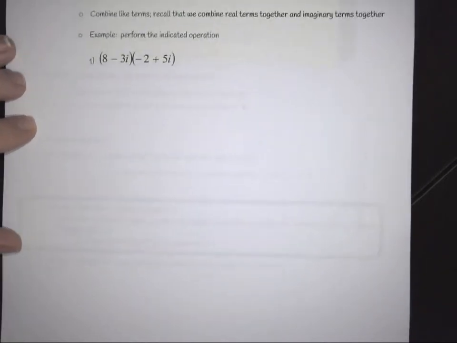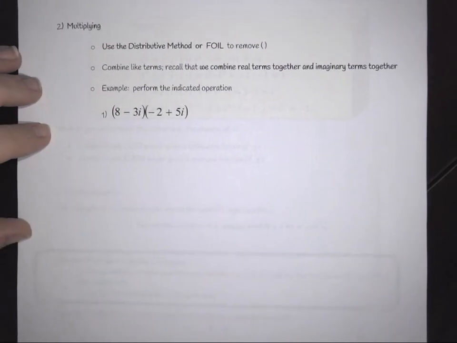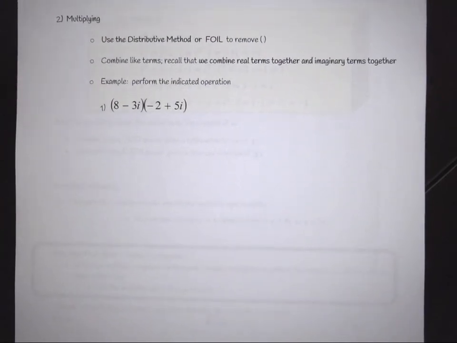Now, as we all know, once you conquer addition and subtraction, the next one we look at is usually multiplication. Multiplication says that you have to use the idea behind FOIL or the distributive method in order to remove your parentheses. So we are going to combine like terms.